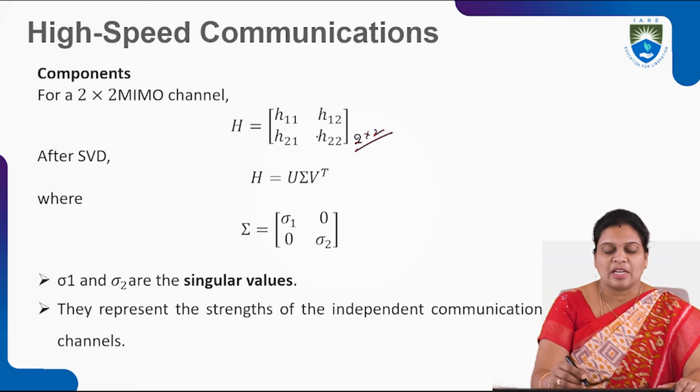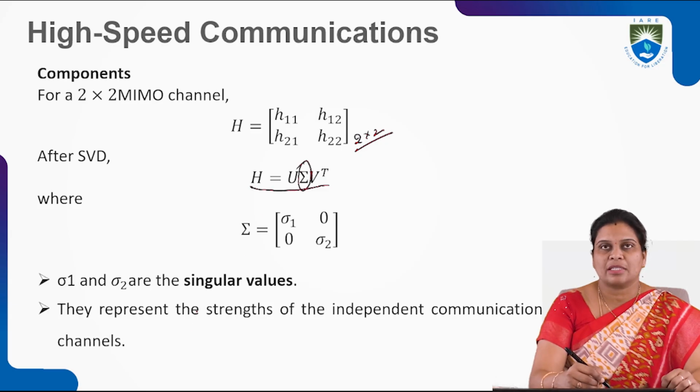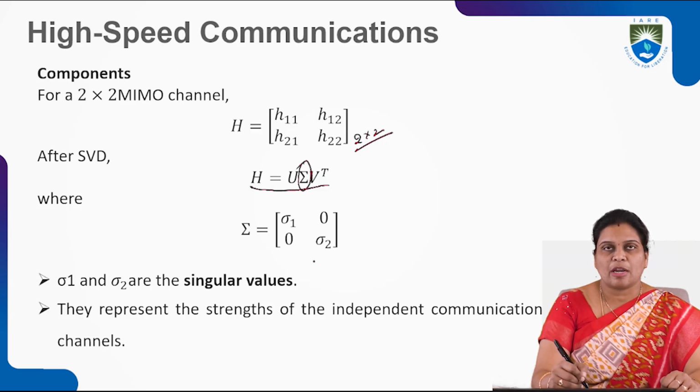After applying the singular value decomposition, this is the formula. Here we are taking the singular values. Σ is the diagonal matrix, so only the diagonal has values and the remaining entries are 0. These are the singular values. They represent the strengths of the independent communication channels.